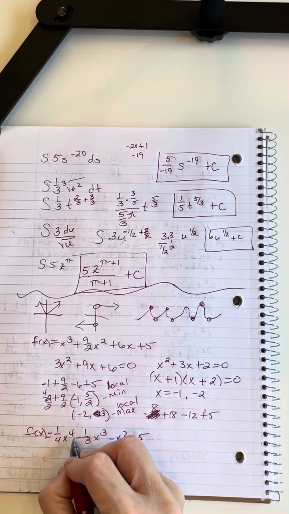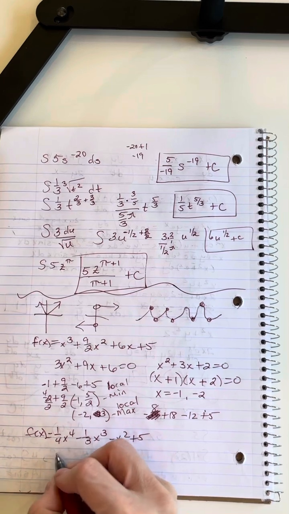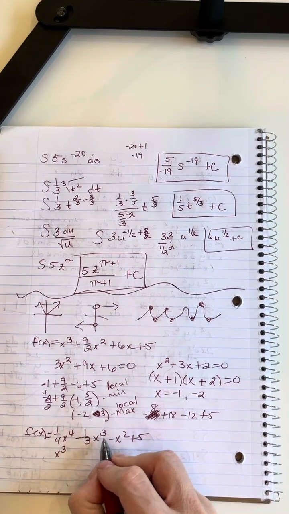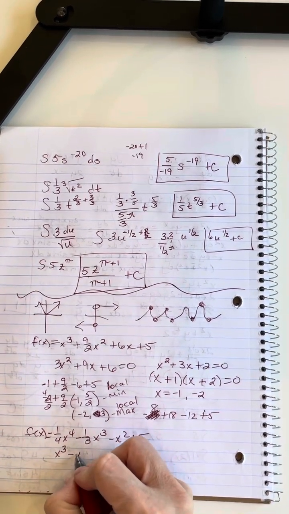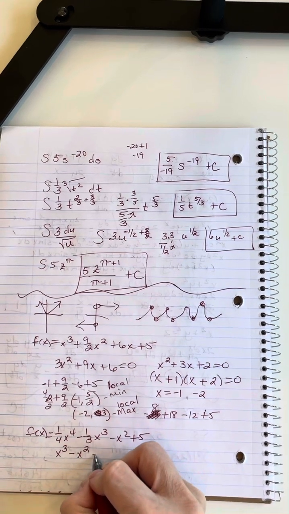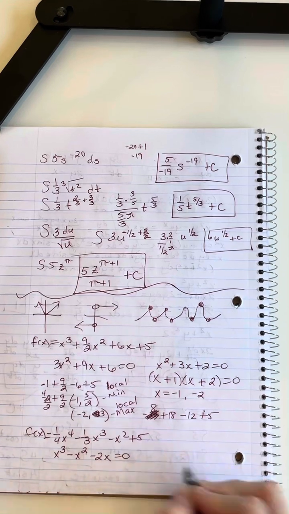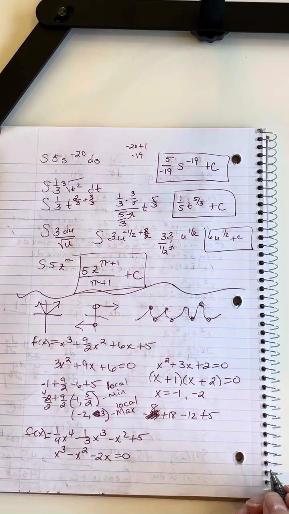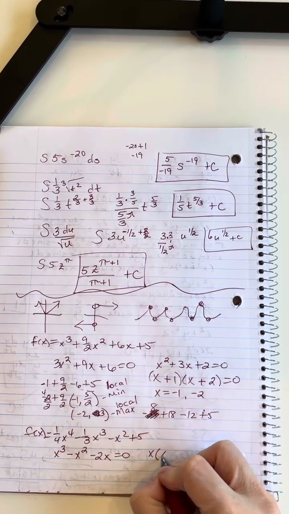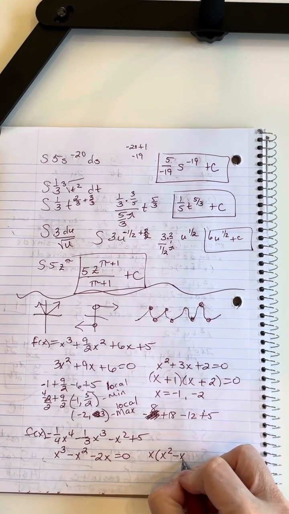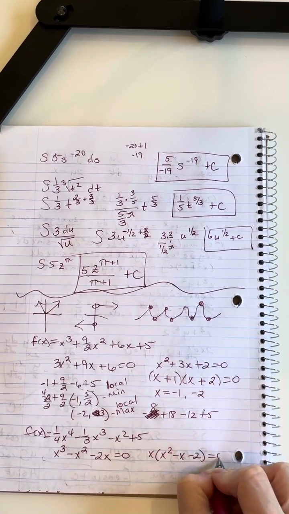So 4 multiplies and cancels off, so that gives me x cubed. Same thing happens again here, so minus x squared minus 2x, and of course the 5 drops off. We're going to set that equal to 0. They all share an x, so we factor that out, leaving x squared minus x minus 2 equals 0.